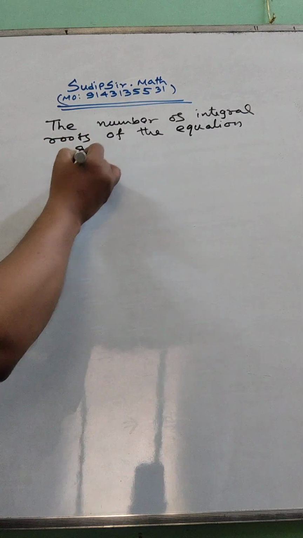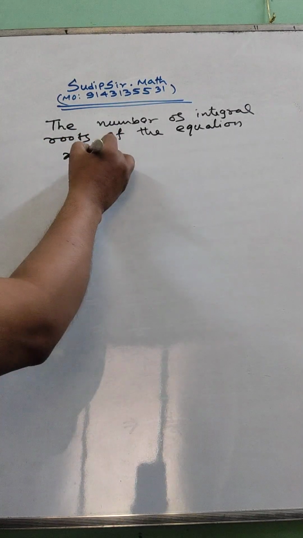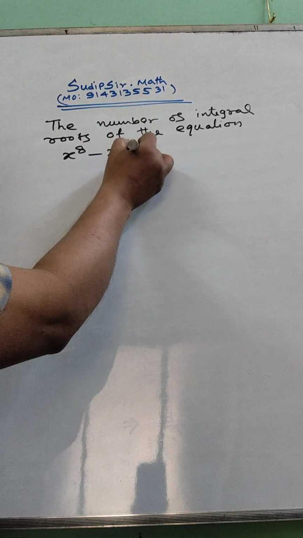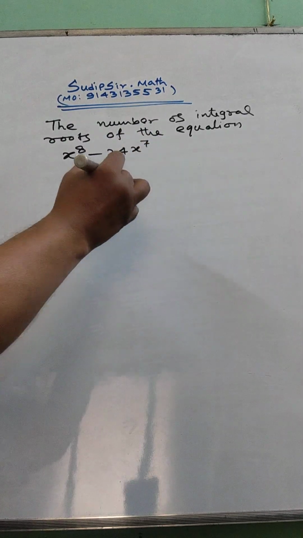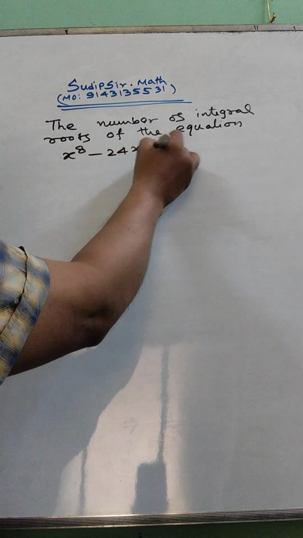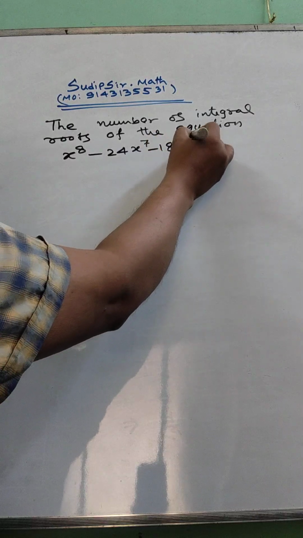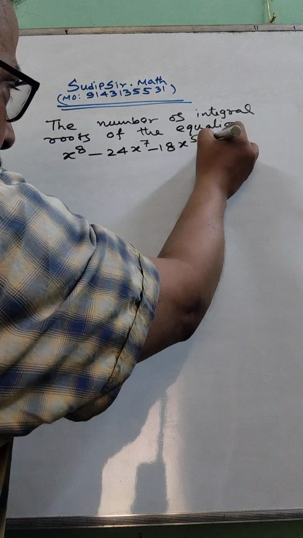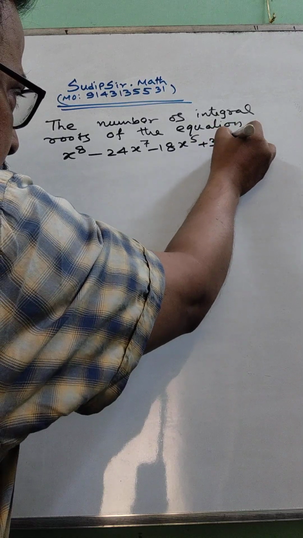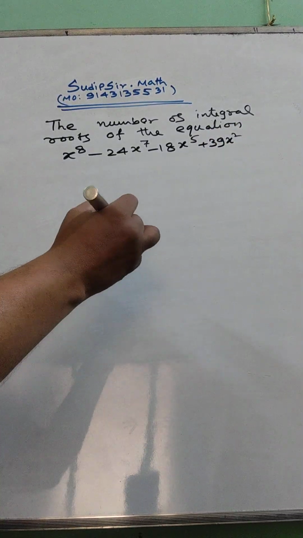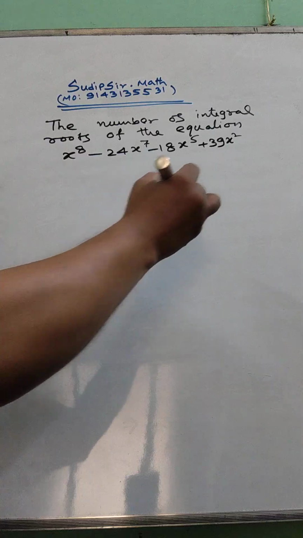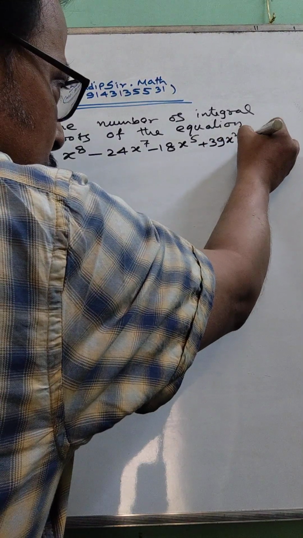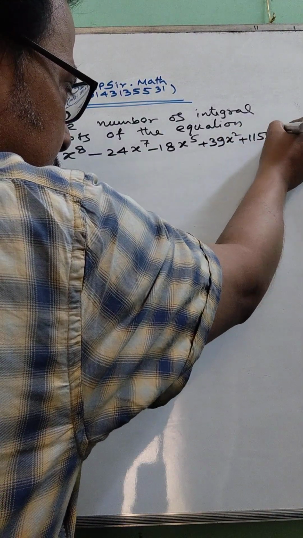x to the power 8 minus 24 x to the power 7 minus 18 x to the power 5 plus 39 x square plus 1155 equal to 0.